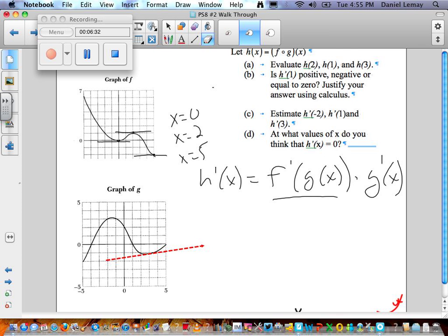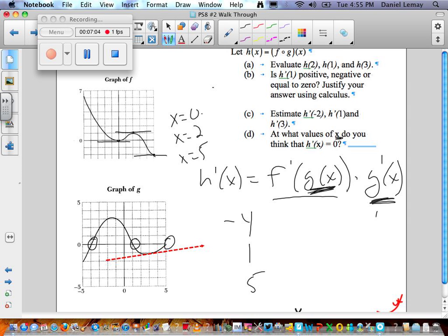Now what we've got to decide is what value of x makes g be 0? Well, g is 0 there, so at negative 4. G is 0 here, at positive 1. And g is 0 here, at positive 5. So those are 3 values of x where the derivative is 0.